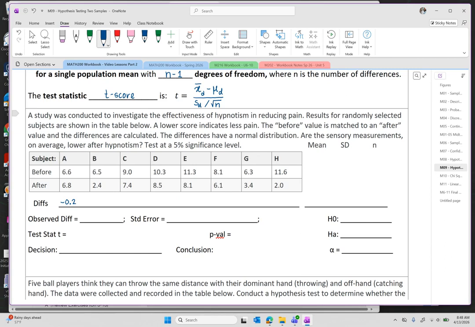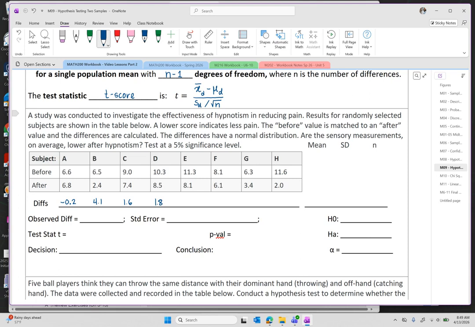For subject B, we have 6.5 minus 2.4, and that is 4.1 when I subtract them. And this person had a lower level of pain after hypnotism. For subject C, the difference is 1.6. For subject D, the difference is 1.8.